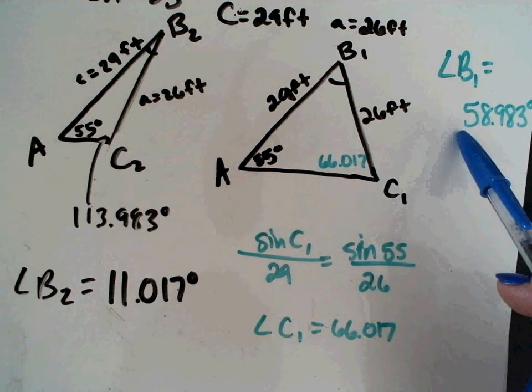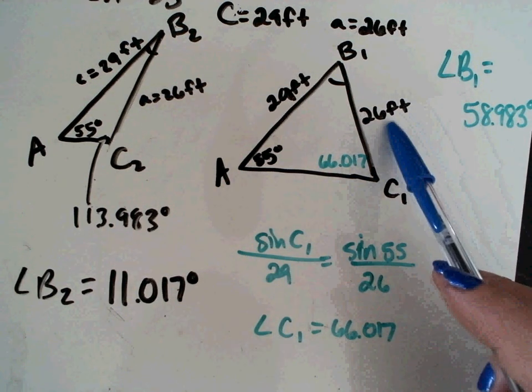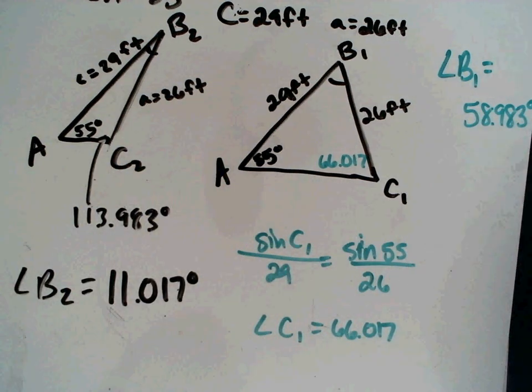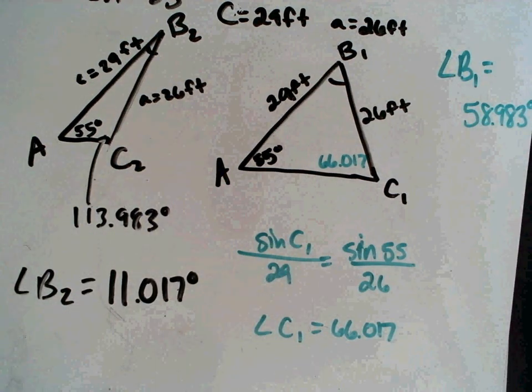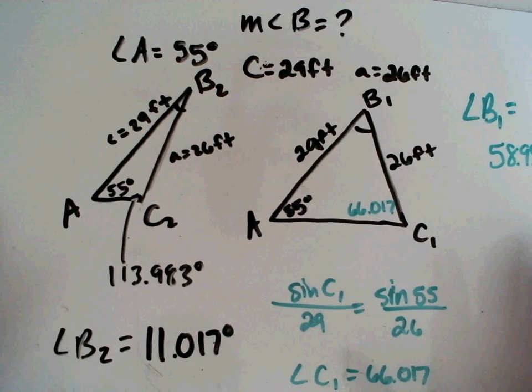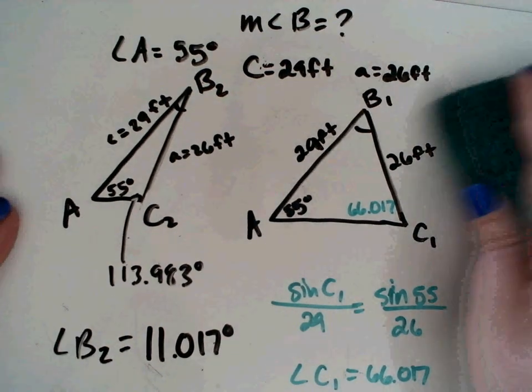So I would put B over sine of angle B equals 26 over sine of 55, and then solve for that. And then I would do the same thing over here. But as far as being able to figure it out, it's a good idea to have your images drawn, two different triangles, if you need to use another piece of paper for that. If you're printing it off. If you're not, then you're using your brown paper anyway.